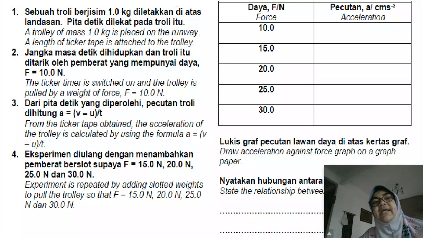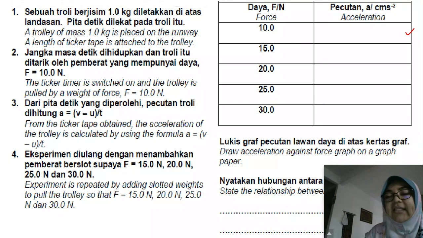Here first we place the trolley onto the runway, and then we tie a weight at the end of an inelastic string that passes through a pulley. Okay, and this is what we will get for the result: force and the acceleration, referring to the ticker tape.